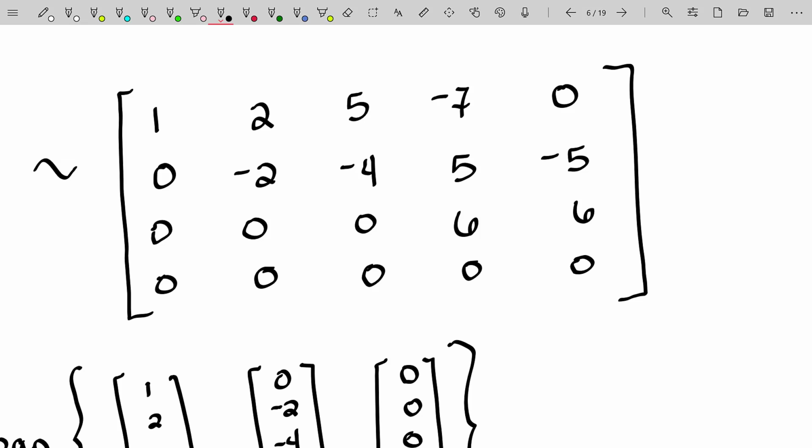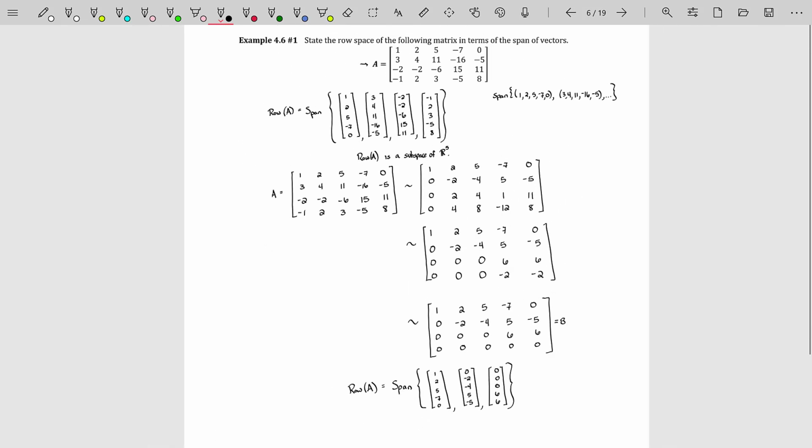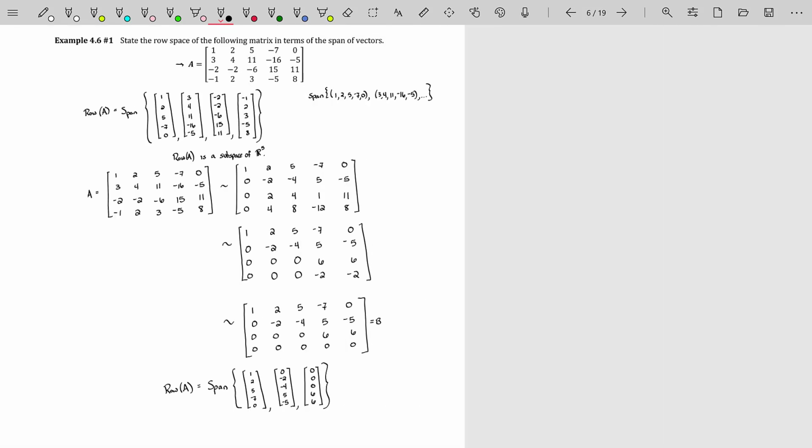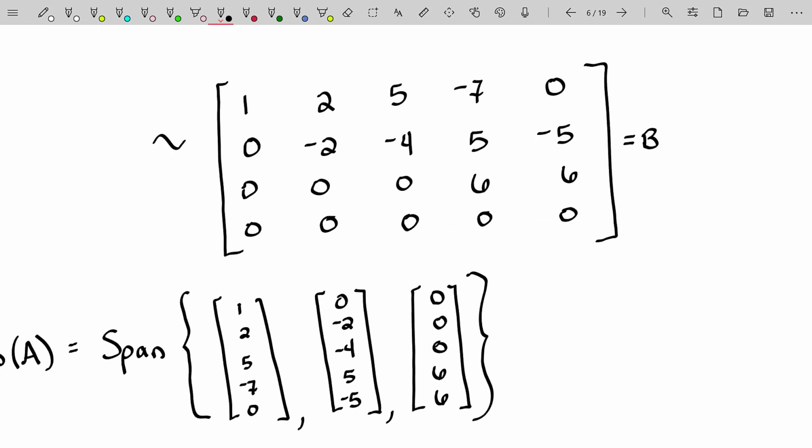So this matrix, which I'll call B, has the same row space as the original matrix, and that's why I went ahead at that point and said, if the row space of A is a span of the 4 original rows in A, let's get that matrix A into an echelon form so that we can minimize the number of vectors in that set and thereby create a basis for the row space. And that's what we did right here. But again, we did this without permission. We didn't actually have the theorem yet.